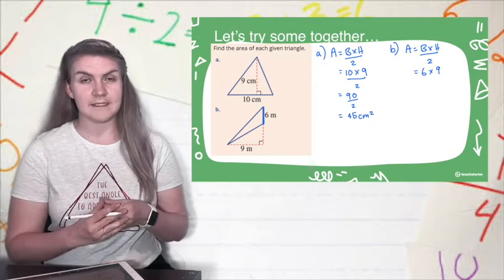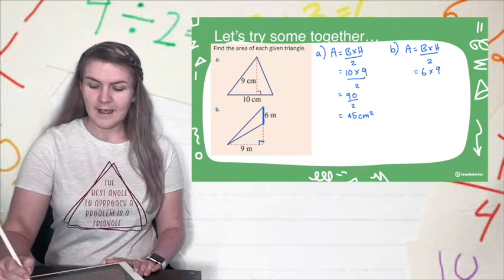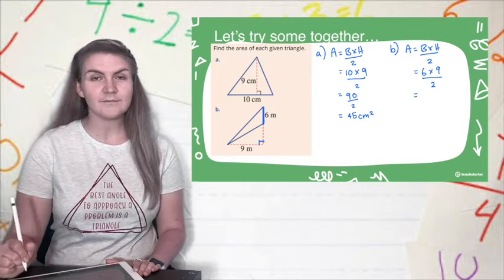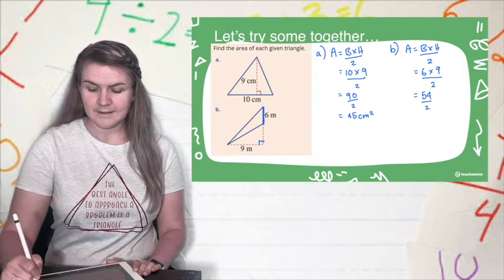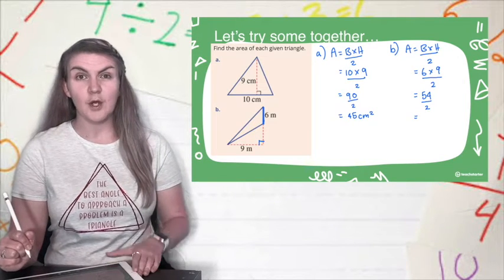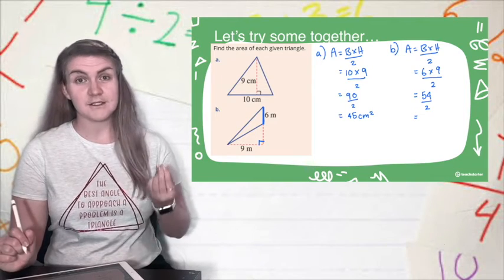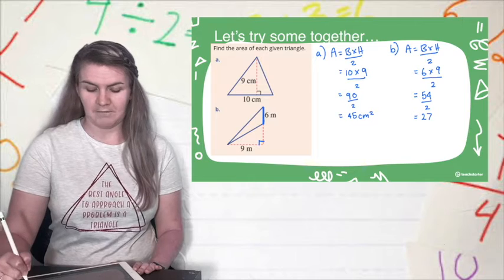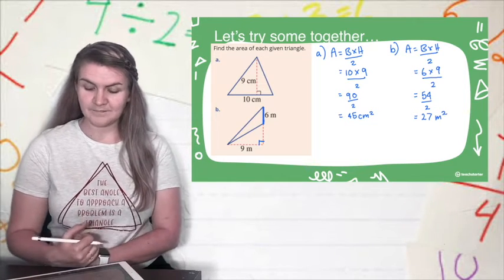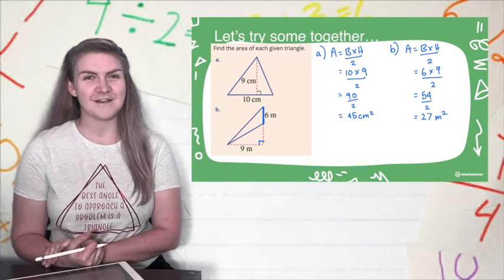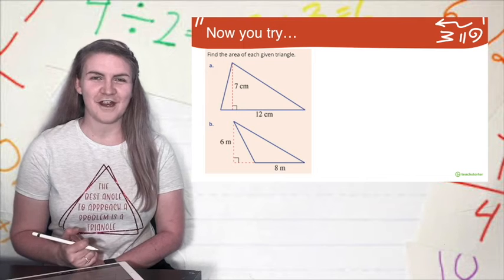We know it's the perpendicular height because it's sitting on that right angle to the base. And divided by 2. 6 times 9 is 54, and 54 divided by 2, well, 50 divided by 2 is 25, 4 divided by 2 is 2, so I'm going to say 27. And the units is square meters. So, 27 square meters. You have a go at finding the area of these triangles.